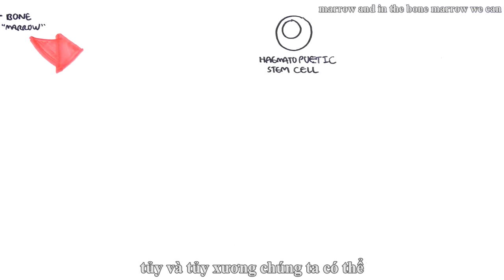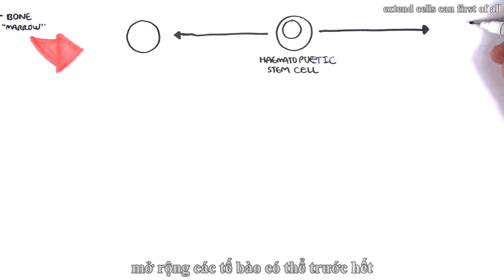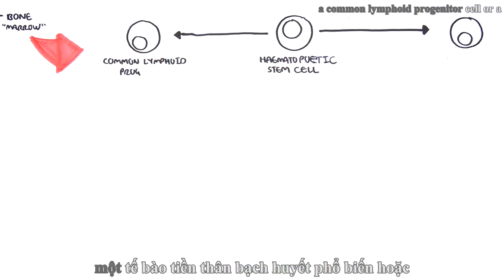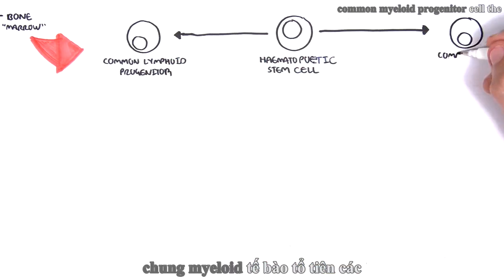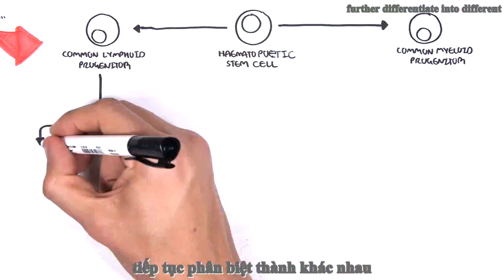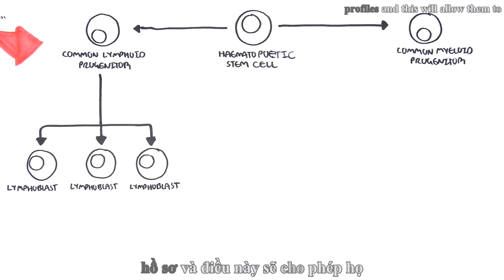And in the bone marrow, we can find hematopoietic stem cells. Hematopoietic stem cells can, first of all, differentiate into either what's called a common lymphoid progenitor cell or a common myeloid progenitor cell. The common lymphoid progenitor cell then further differentiates into different lymphoblasts with different genetic profiles.